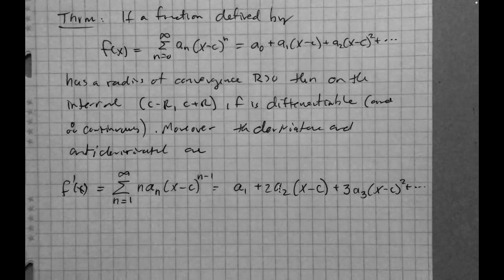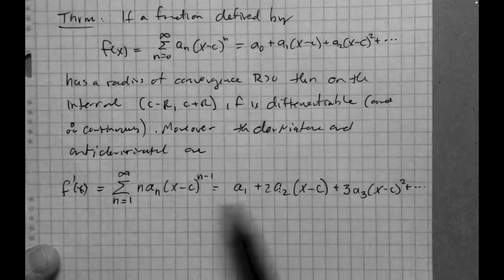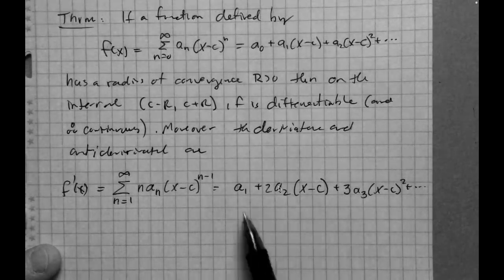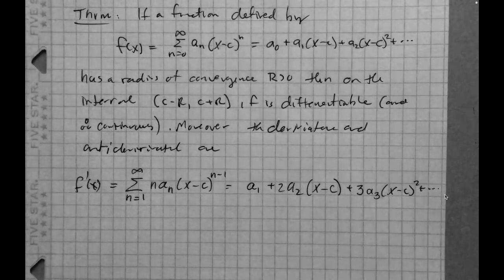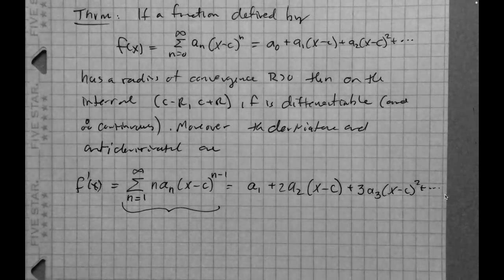Basically the constant term vanishes, and the powers of all of the subsequent terms are decremented by 1, and the coefficients advance by whatever the exponent previously had been. So it's very easy to remember in this form.